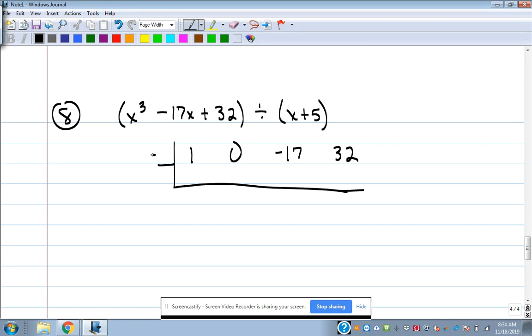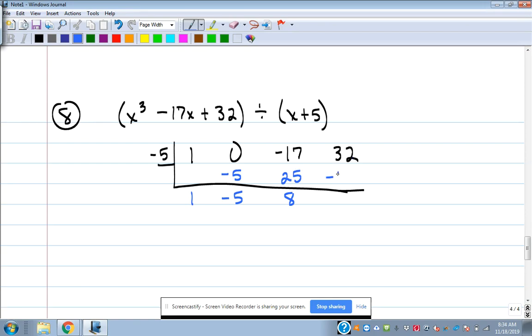Negative 5 on the shelf there. Drop the 1, multiply. 1 times negative 5 is negative 5. Add, that'd be negative 5. Negative 5 times negative 5 is positive 25. And positive 25 and negative 17 added together is positive 8.